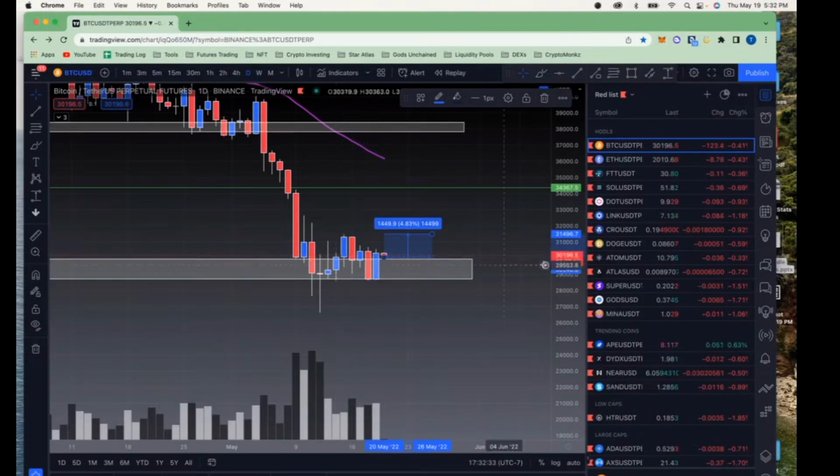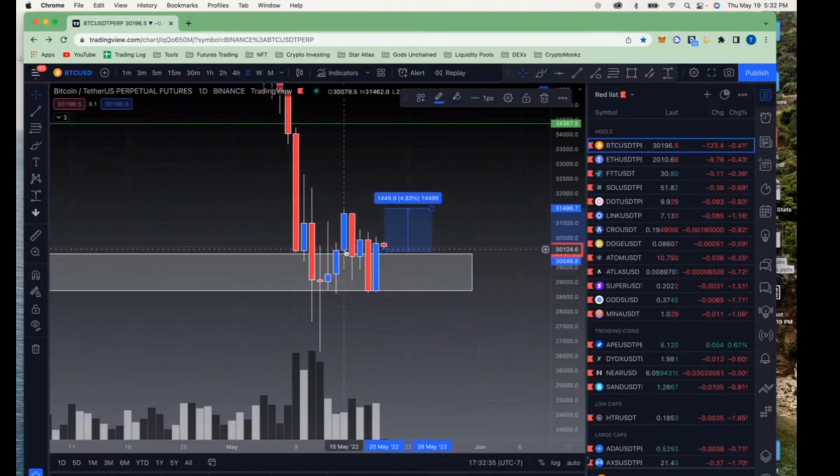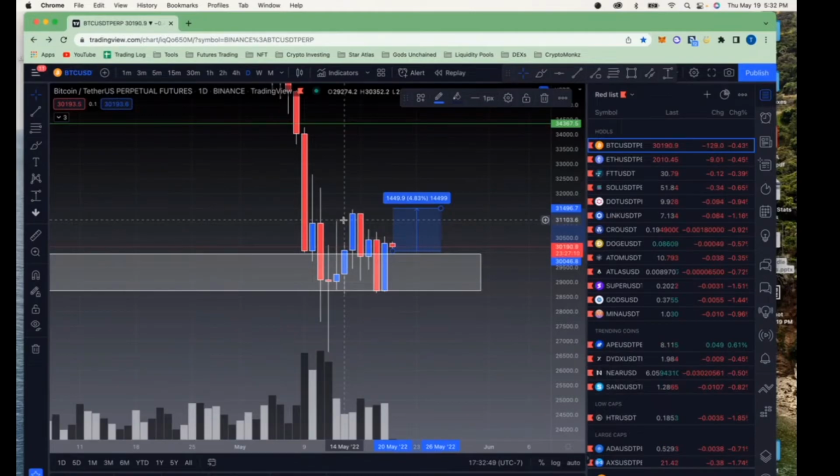Once this candle closed above here, I probably would have put in a smaller long, hopefully as a breakout trade. Once it goes a certain percent, I would have moved my stop loss into profit. And then it would have come back down.